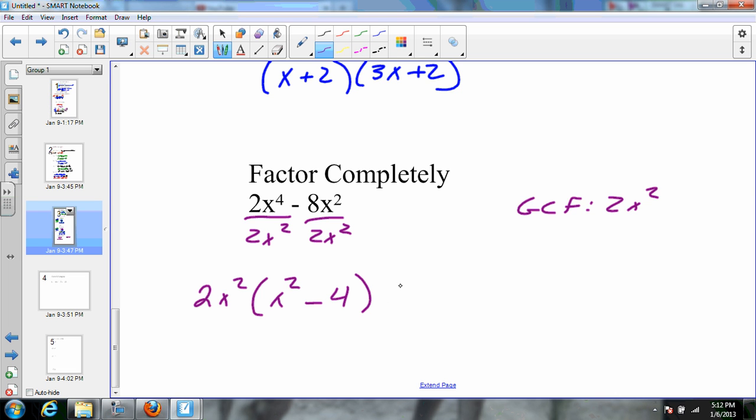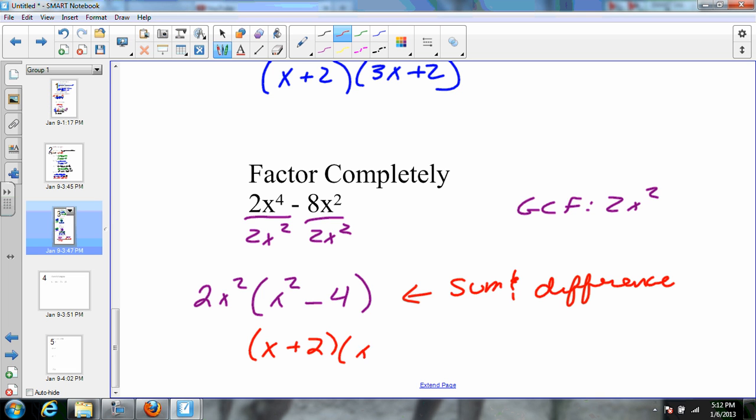X squared minus 4, they are both perfect squares. So this is a sum and difference pattern. So it becomes x plus 2 times x minus 2. And that 2x squared is still outside multiplying it. So this is factored completely.